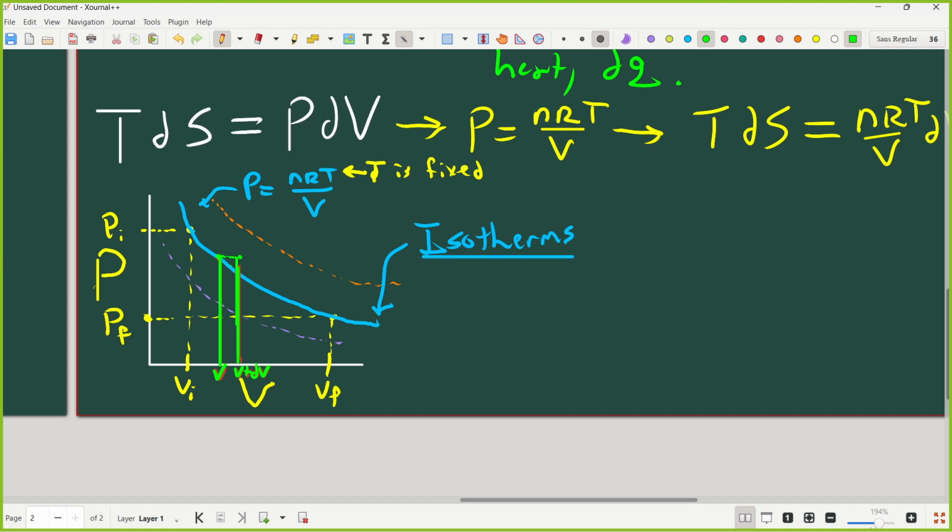It's this height times this length, so it's an area. The amount of work I do in this space is the area under this curve right here. Remember when we calculated the total work or the total entropy, we integrated. I'm just doing a little single part of an integration here. So this closed off region right here is the change in work. This is dW. This little green area is the change in work.